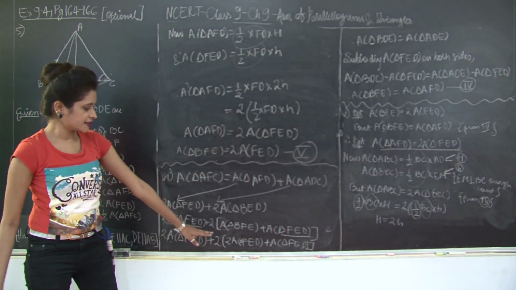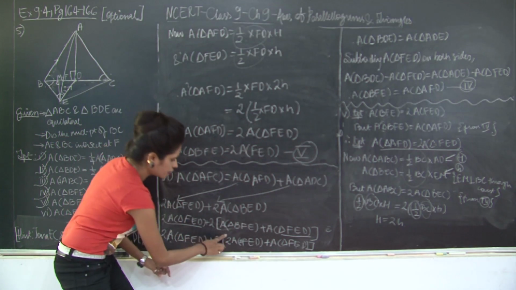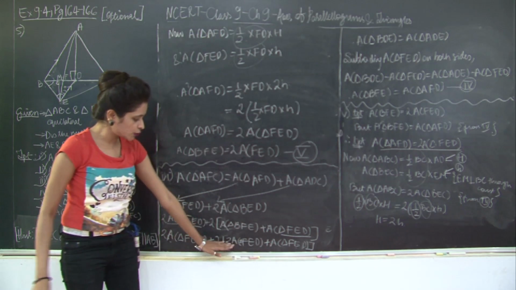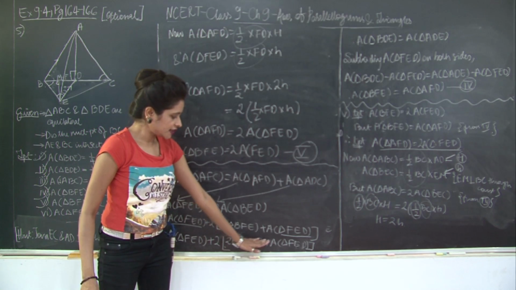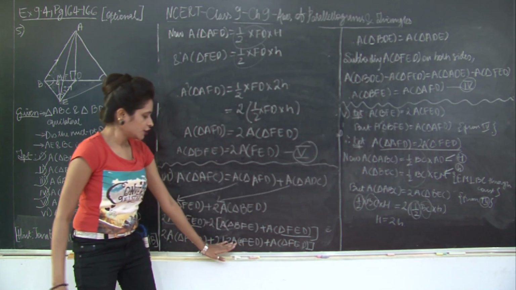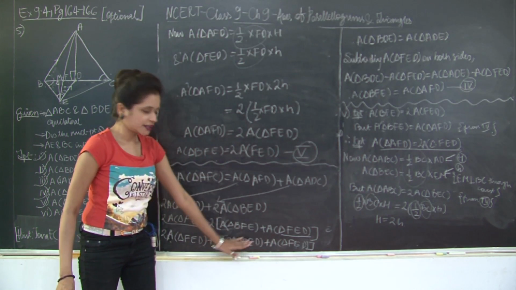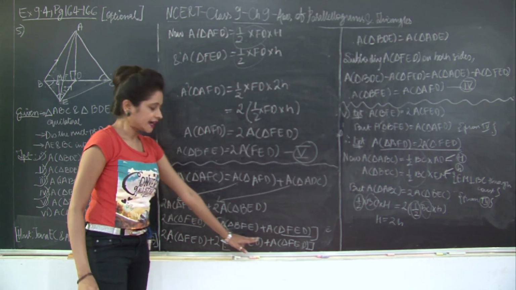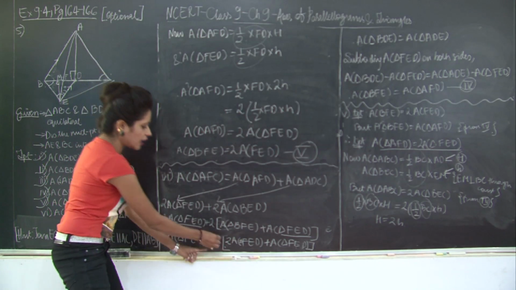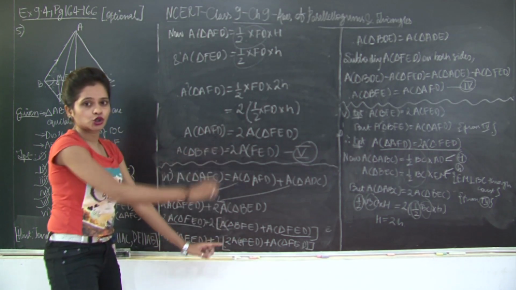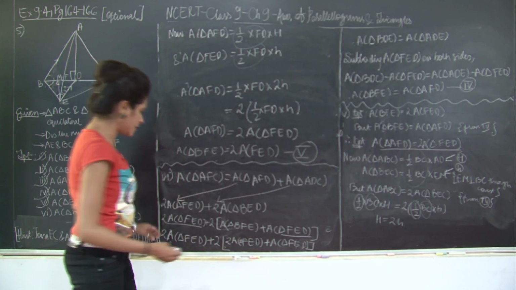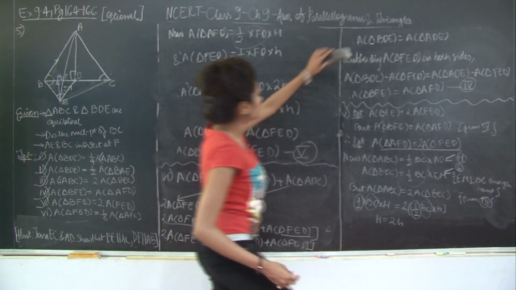Right. So, if you notice, you have the 2 outside here and there is a box bracket inside, which we have twice area FED and area of FED. That means 2 apples plus 1 apple, which will give you 3 apples. So, therefore, this will be 3 times area of FED, and outside we will have 2. So, 2 into 3 times area FED, which would be 6, but we will go step by step. I am not doing it in one shot.